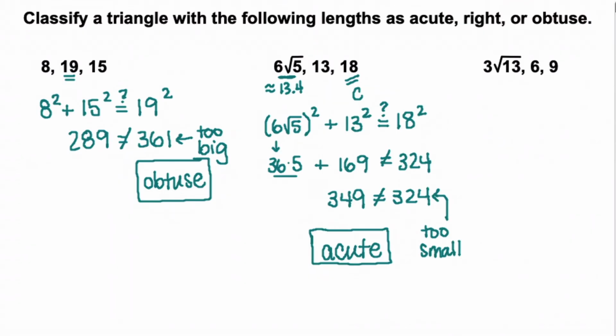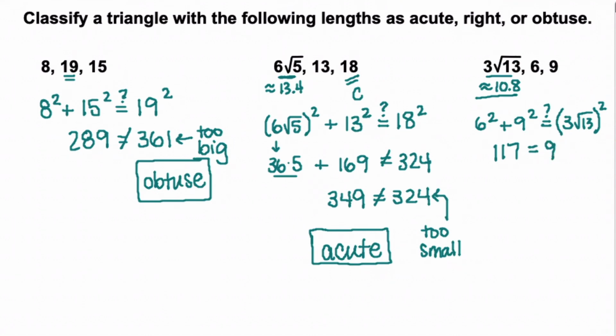One more. Again, we've got a simplest radical form here, so we'd probably want to figure out what that equals before we start. In this case, that comes out to about 10.8, which is good to know because that is the C value. That's the biggest one there. So when I put those in, I'll use that for C. Six squared plus 9 squared is 117. And over on this side, 3 squared is 9.